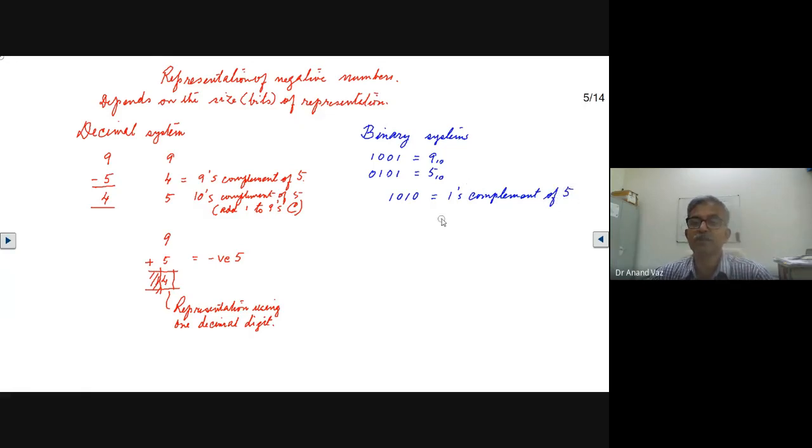But we have to determine the 2's complement. And for 2's complement, we just add 1 to the 1's complement.